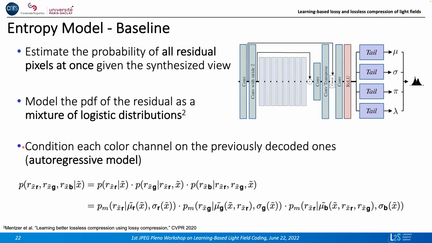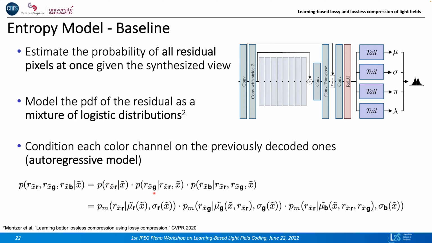And then you can condition on the color channel. You can do this per color channel independently, but it turns out to be more efficient if you condition each color channel on the previously decoded ones. This is called an autoregressive model. You start by computing, for example, the red color channel for the residual, knowing the synthesized view.